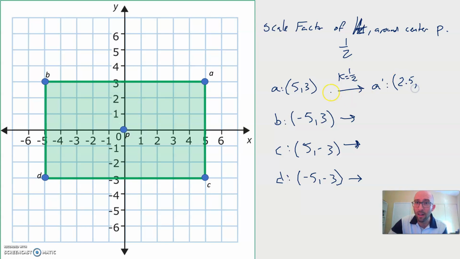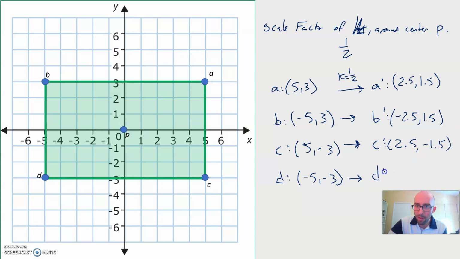Half of 3 is 1.5. All right, B prime. Half of negative 5 is negative 2.5. Half of 3 is 1.5. C prime. Half of 5 is 2.5. Half of negative 3 is negative 1.5. And finally, D prime. Half of negative 5 is negative 2.5. Half of negative 3 is negative 1.5.